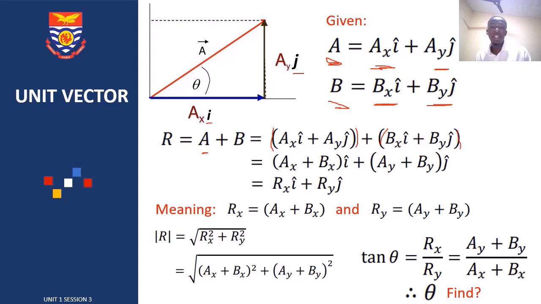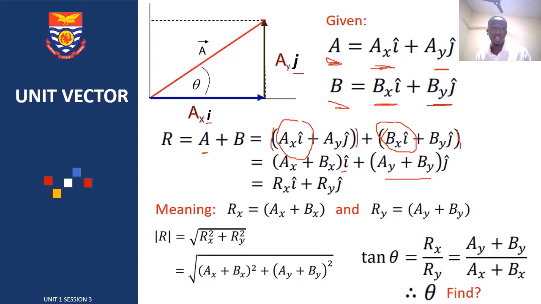We have to group the like terms, where the Bx i joins the Ax i, so that we can bring the unit vector outside the bracket. We can do the same thing for the j, and we can represent our Rx to be equal to Ax plus Bx, so that we can also present our Ry to be Ay plus By.